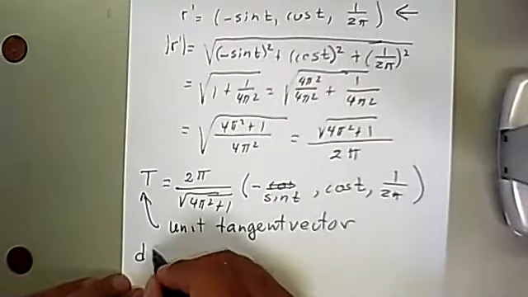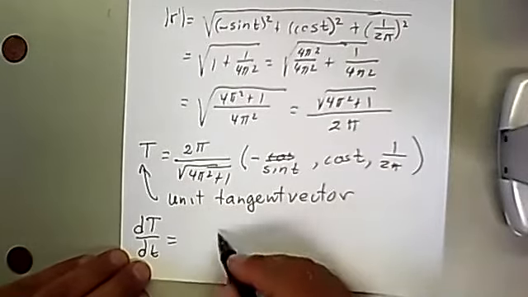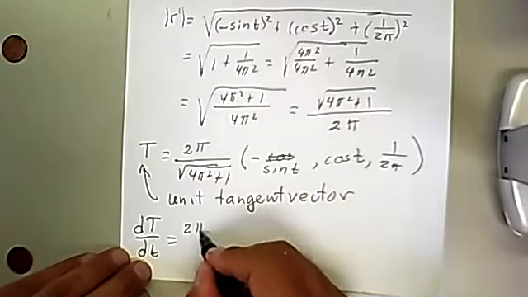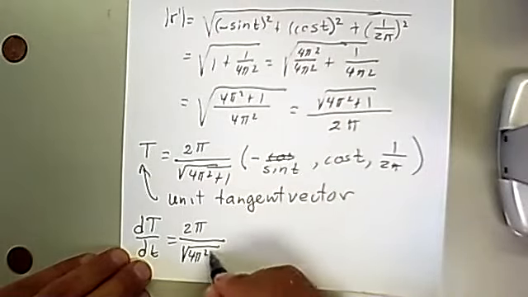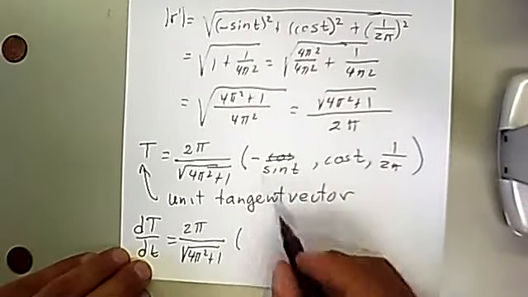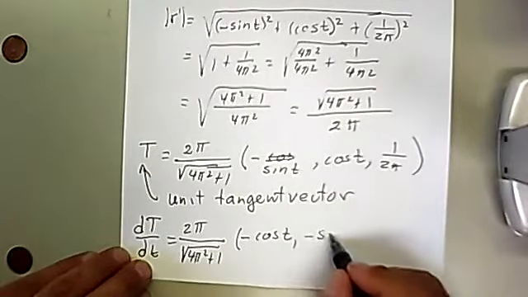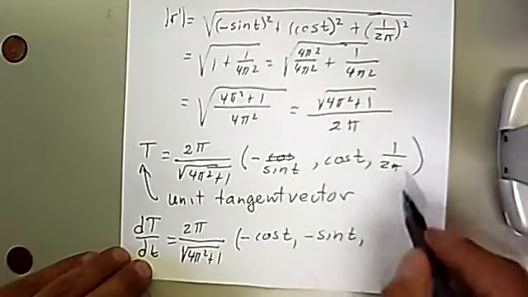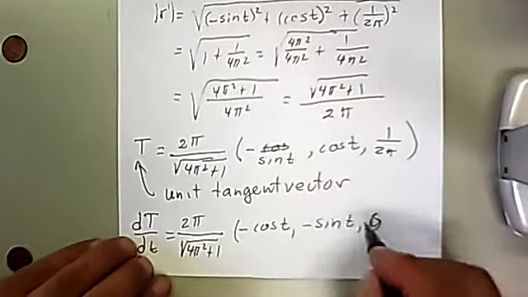Okay, that's next. So dT/dt: the square root of 4 pi squared plus 1 is a constant, so keep the constant, multiplying. The derivative of sine is cosine, but we have a negative, so negative cosine t. The derivative of cosine is negative sine. The derivative of a constant is 0. That's a 0.